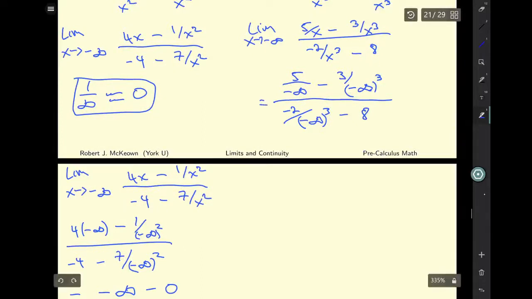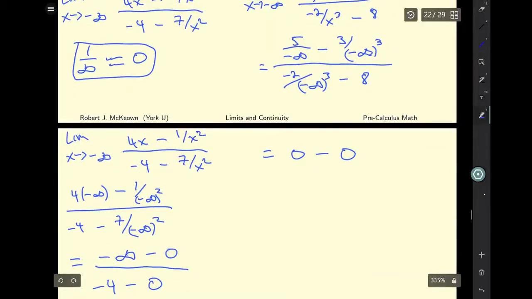Well, looking at the terms one at a time, we've got 0. Doesn't matter if 0 has a positive or negative in front of it, 0 is 0. Minus 3 divided by a large negative number cubed, that's just going to approach 0 as well. Doesn't matter what the sign is.